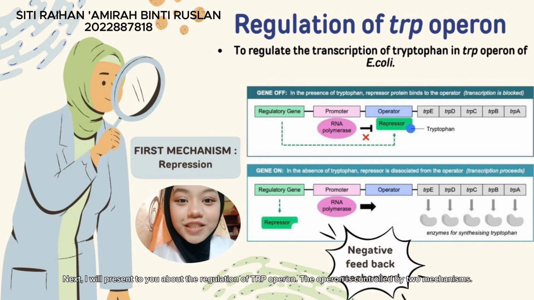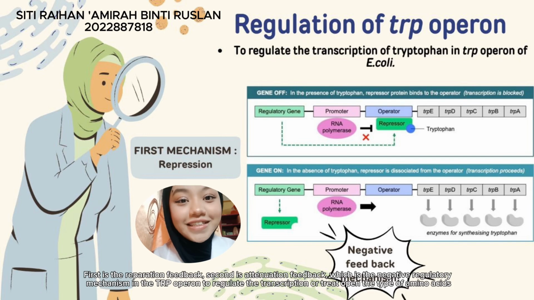Next, I will present the regulation of the TRP operon. The operon is controlled by two mechanisms. First is repression feedback. Second is attenuation feedback, which is a negative regulatory mechanism in the TRP operon to regulate the transcription of genes for tryptophan, the amino acid, in bacteria like E. coli.